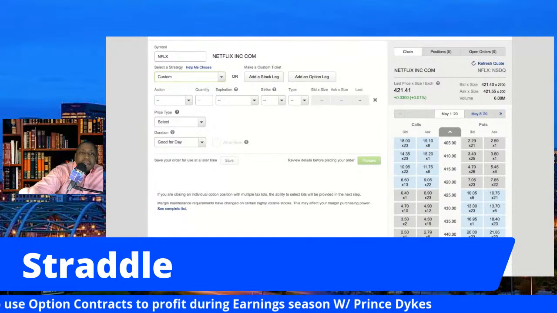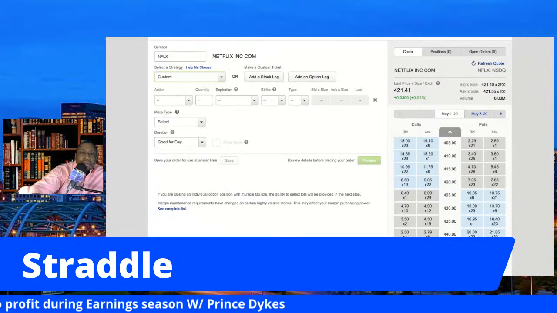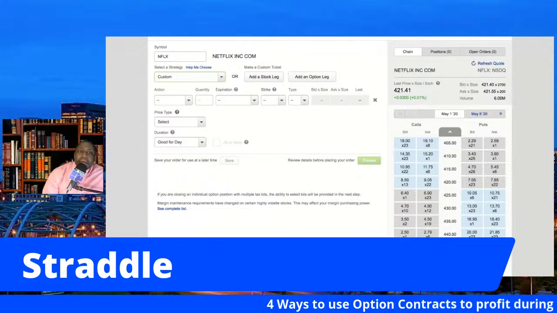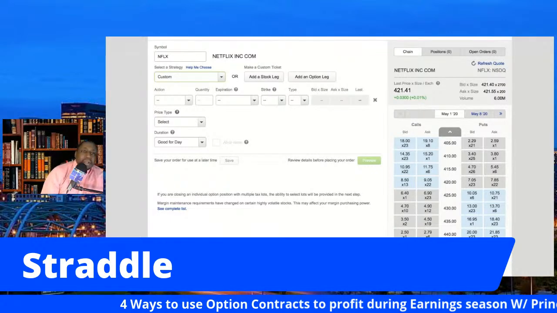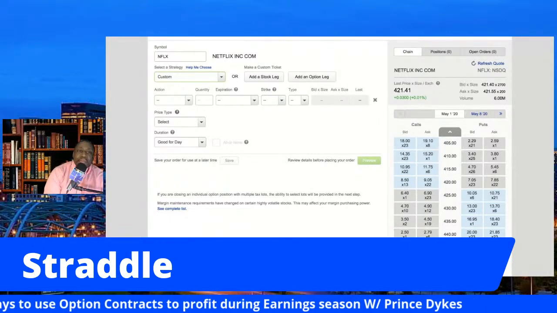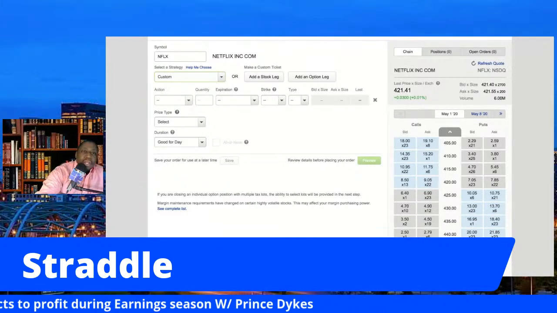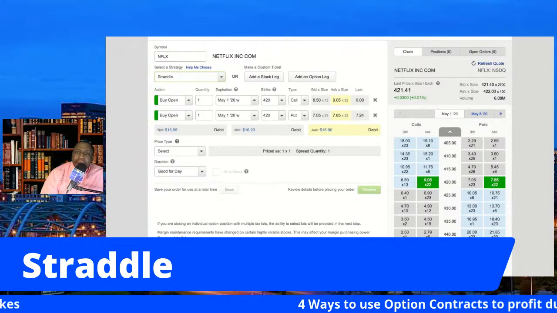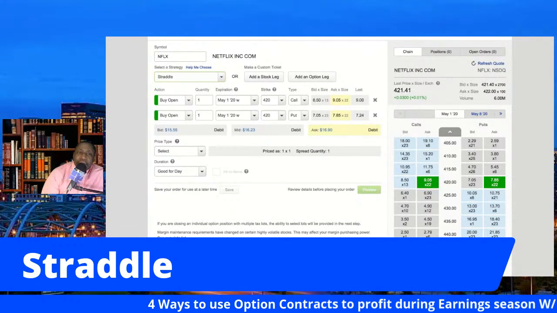You got collars, you got straddles, you can buy a call, a put, call spread, a put spread, covered call, married put, collars, collard greens, diagonal butterflies, whatever, right? We're looking at straddle. You click on straddle. Boom, look at that. It wrote the straddle right out for you.